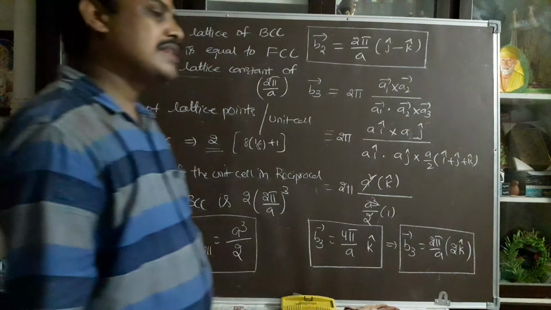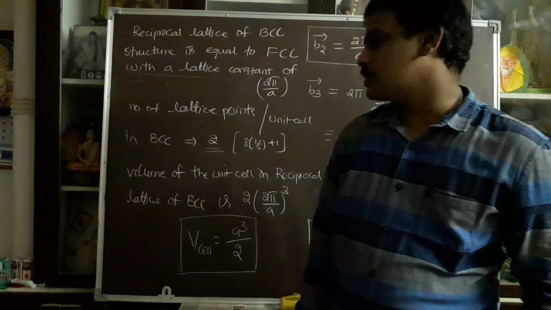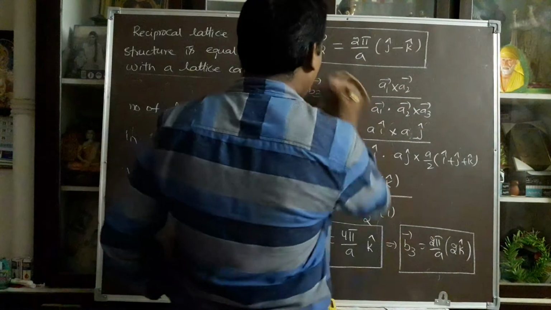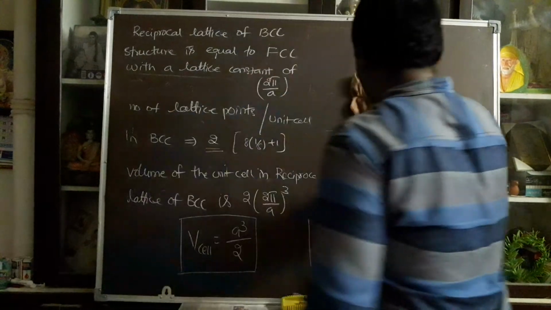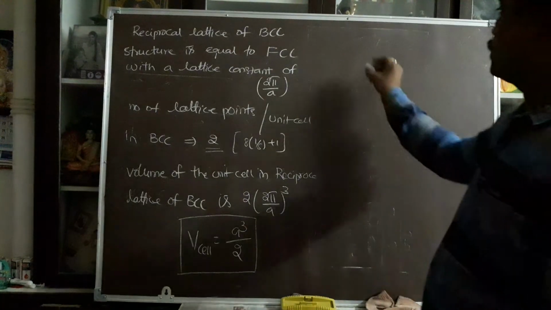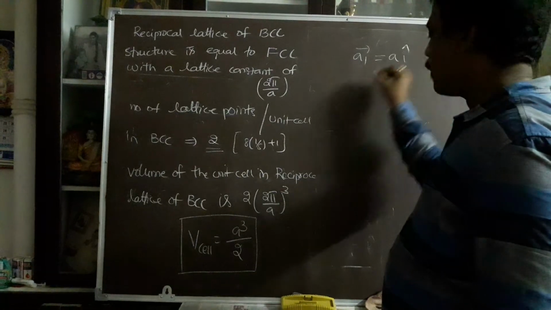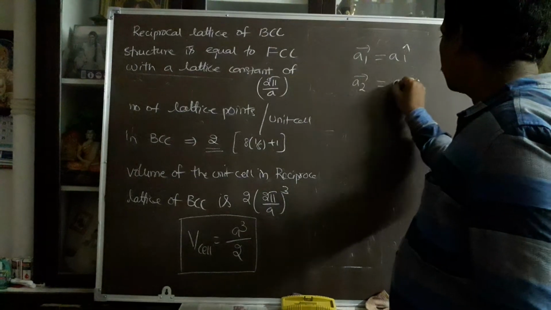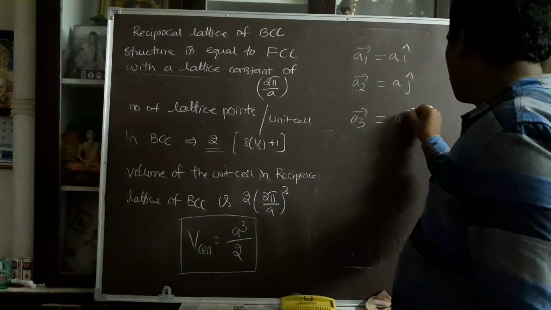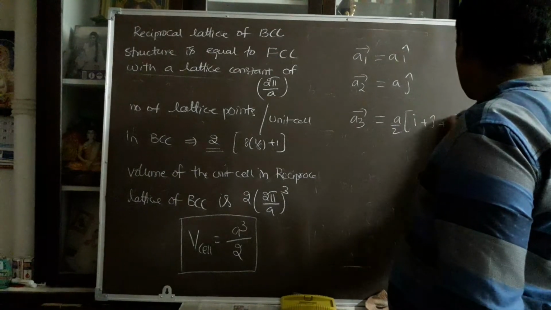This is the reciprocal lattice of BCC structure. So from the BCC structure point of view, you take the vectors A1, A2, A3. According to the crystal structure, A1 bar value is equal to A into i cap, A2 bar value is equal to A into j cap, A3 bar value with respect to body center is A by 2 into i cap plus j cap plus k cap.